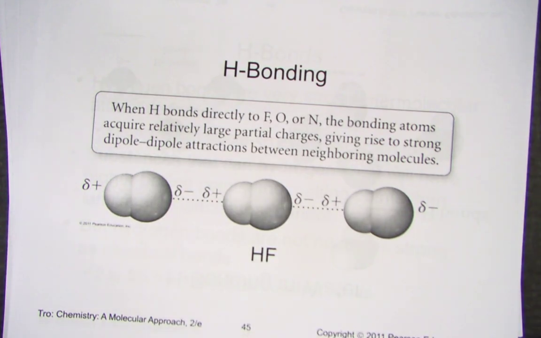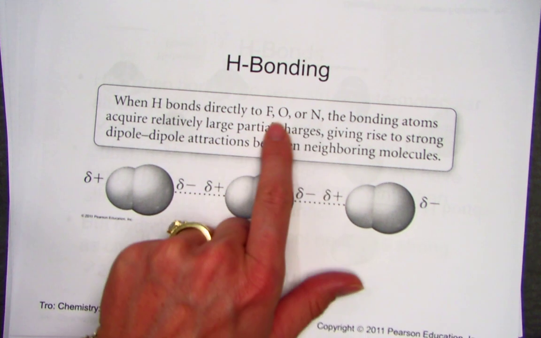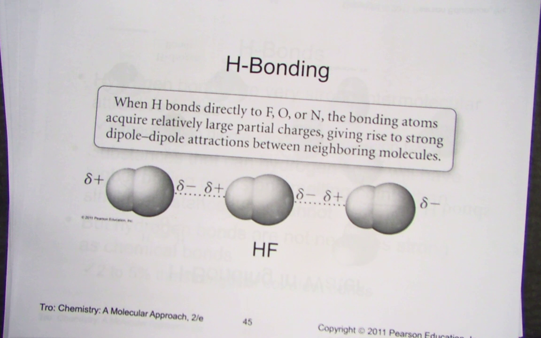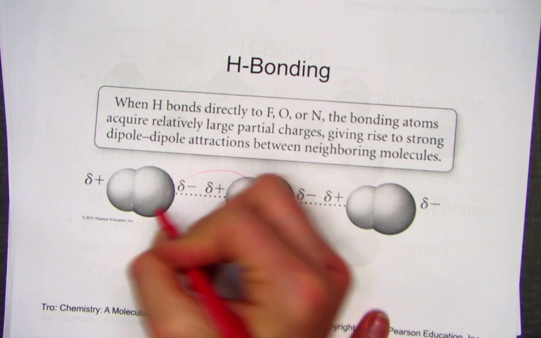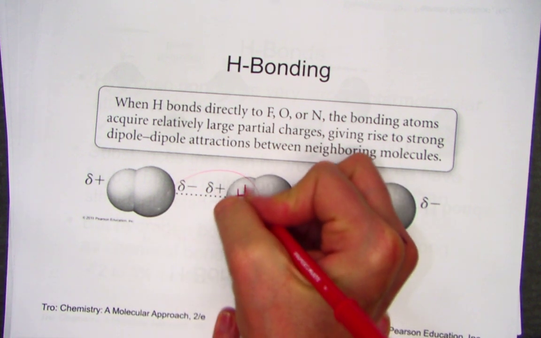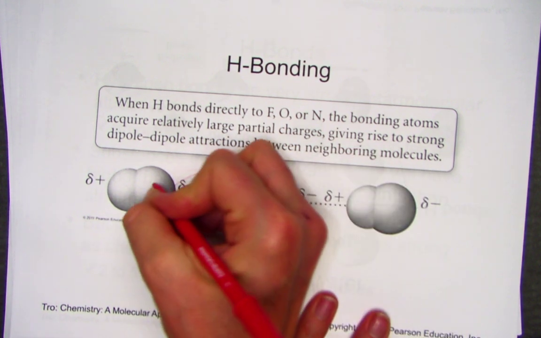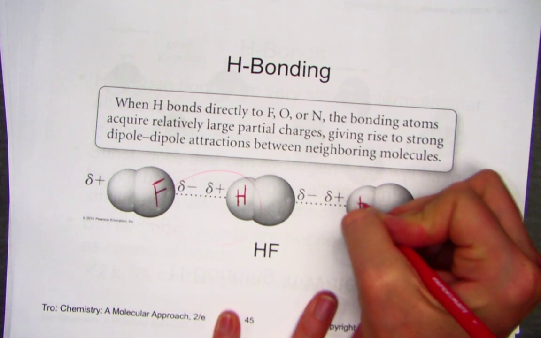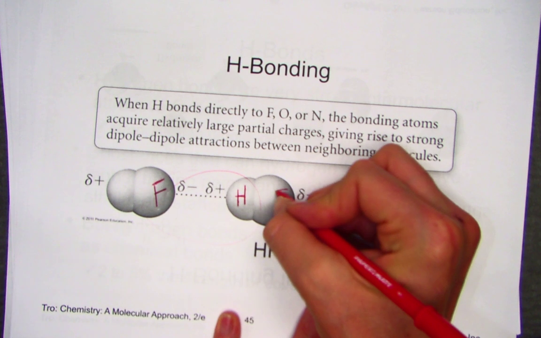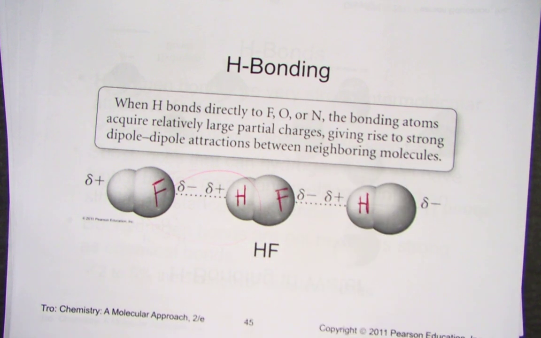So hydrogen bonding, when hydrogen is directly exposed to a fluorine, oxygen, or nitrogen, the bonding atoms acquire relatively large partial charges, giving rise to strong dipole-dipole attractions. A hydrogen bond is between molecules, the hydrogen on one molecule being very strongly attracted to the fluorine on the other.